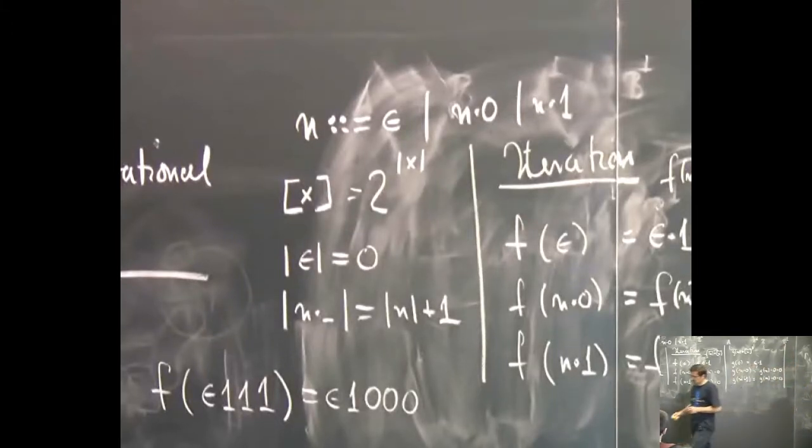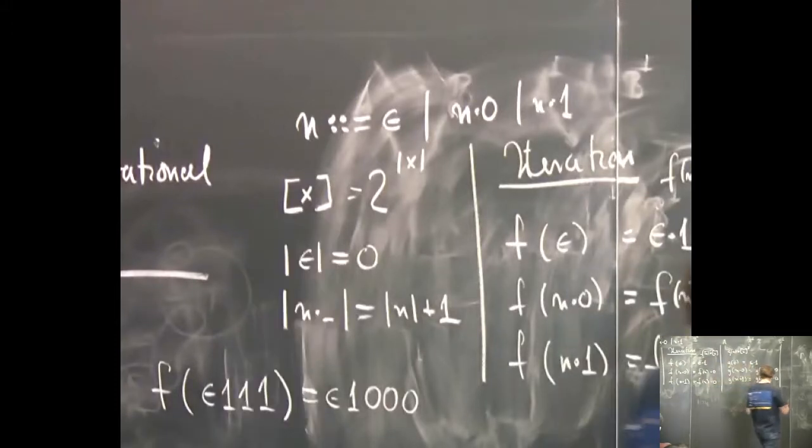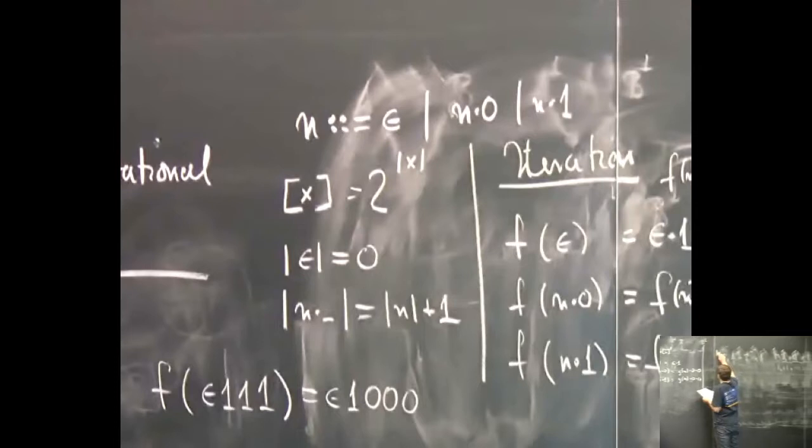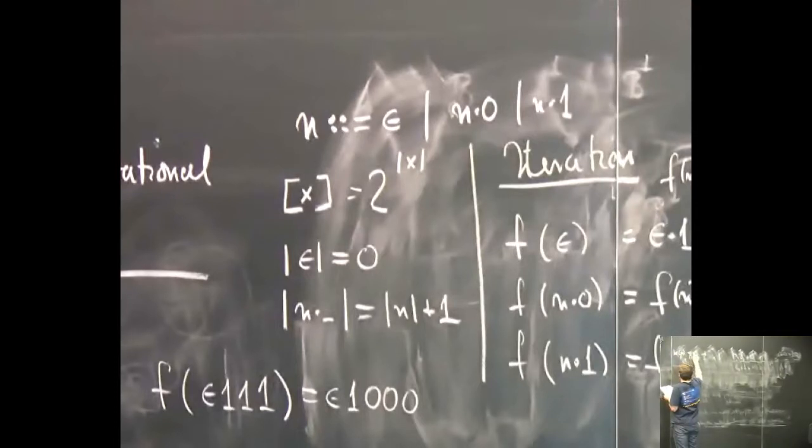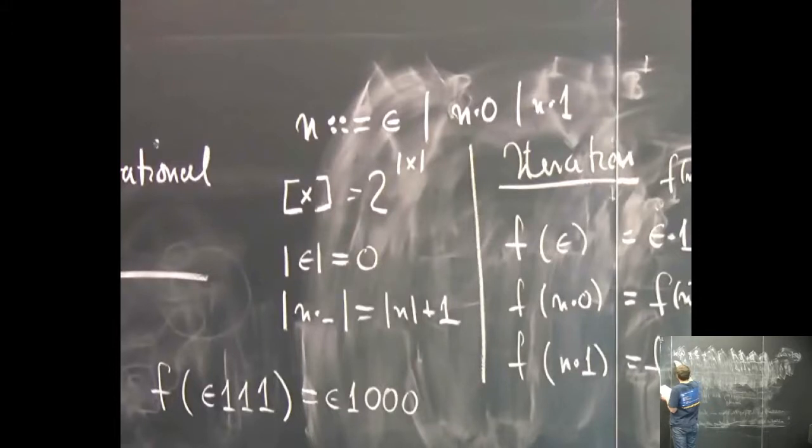Okay, so now I'm going to look up to make sure I do the right thing. This function I probably can't remember. h of epsilon is 2, and you know how to represent that. h of n0 equals this function g applied to h of n, and h of n followed by 1 equals g applied to g applied to h of n.